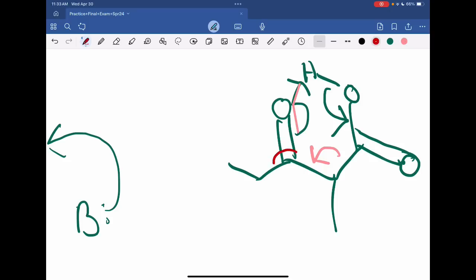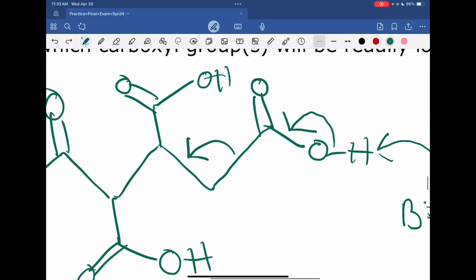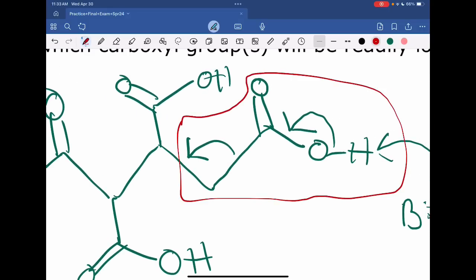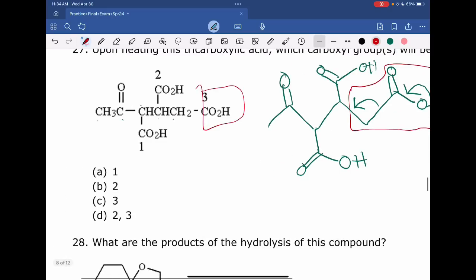This carbon is never going to have 5 bonds because even though you made this new pink one, you broke this green one. And you can only do that because you have a carbonyl, a double bond in here, which you don't in here. So this cannot leave a CO2, and that is CO2 number 3. So answers C and D are both out.